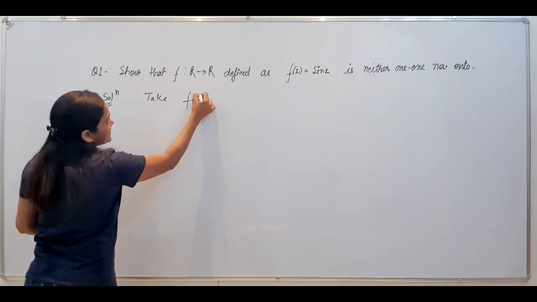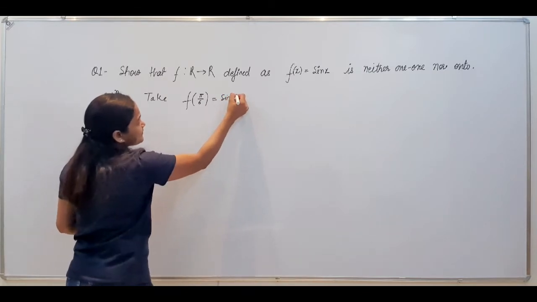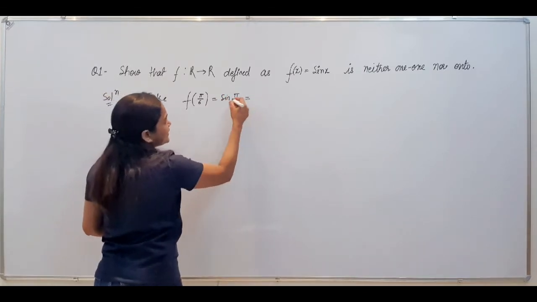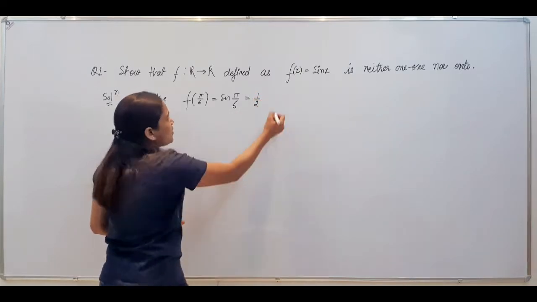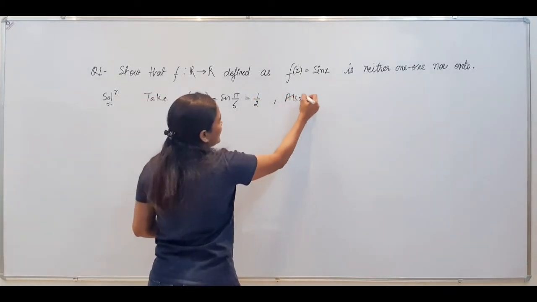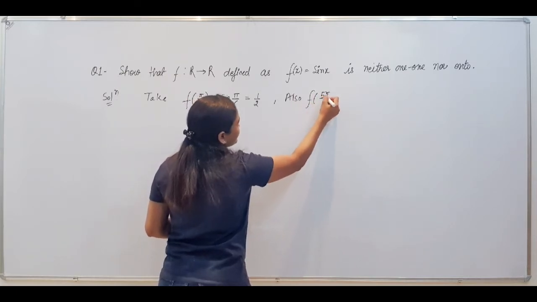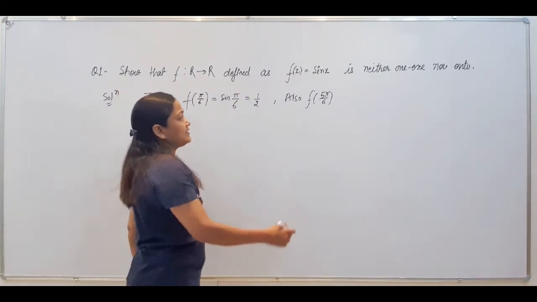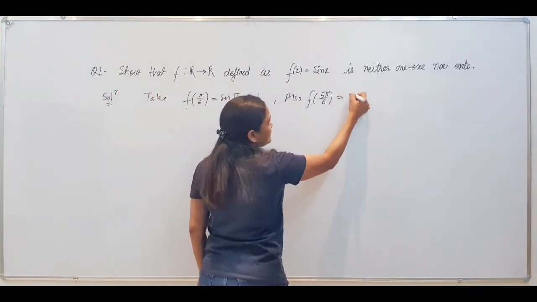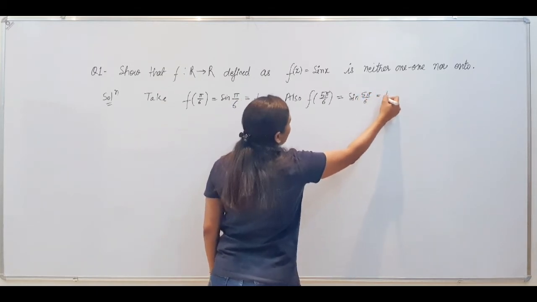Let us take f of pi by 6, that is sin of pi by 6, and sin 30 is 1 by 2. Also, let us take f of 5 pi by 6. In the second quadrant, f of 5 pi by 6 is sin 5 pi by 6, and that is again half.